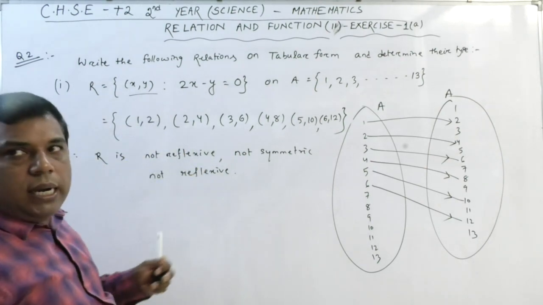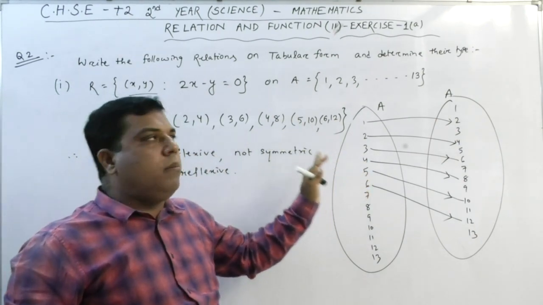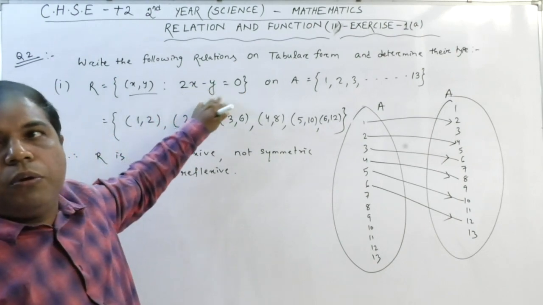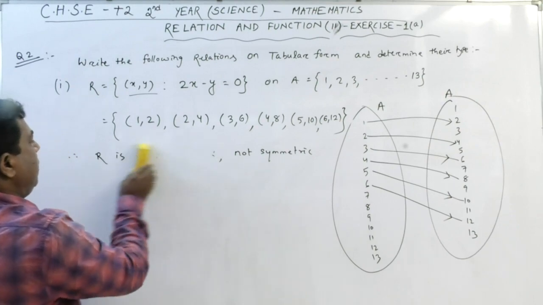So you are clear now. I hope you are clear about how to find the relations in tabular form from the rule method or from your set builder form. Okay. Next, I am going to write another option.